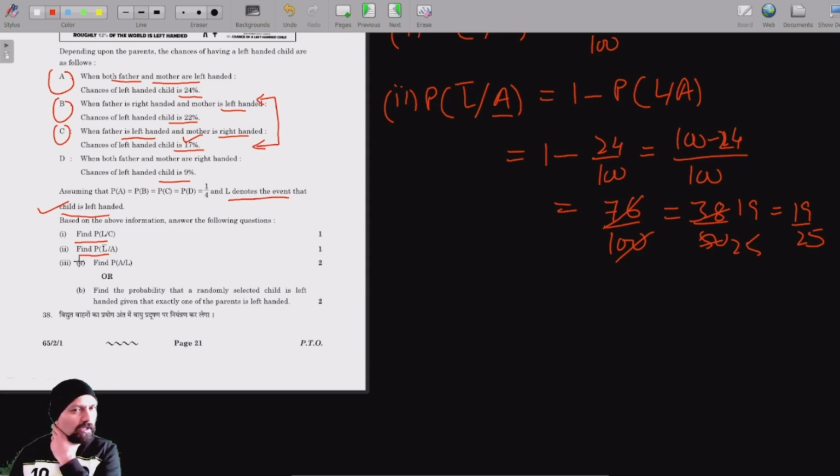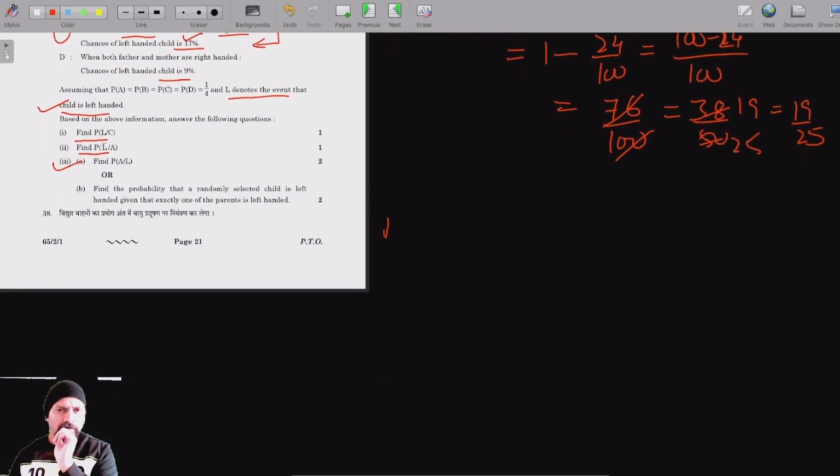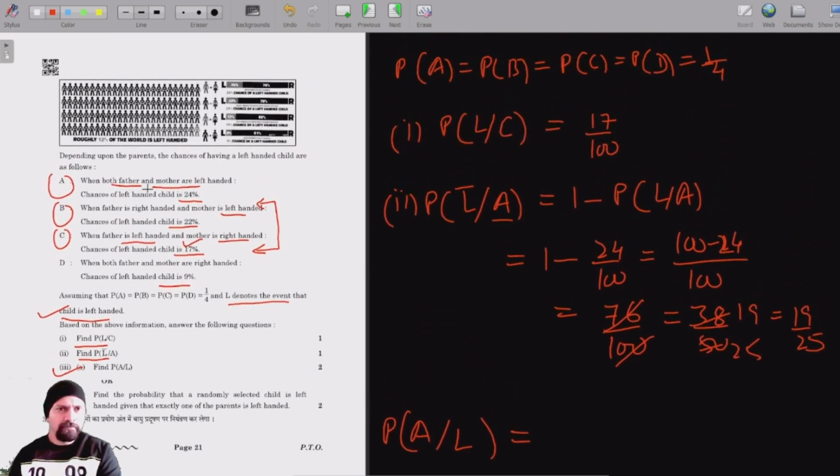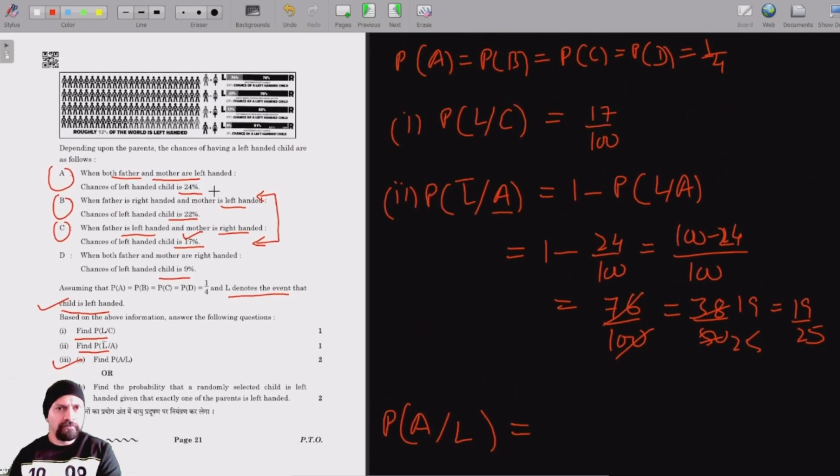Okay. And the third one, it says we have to find the probability that the left-handed child is selected, and we have to make sure that it's from the parents when both father and mother are left-handed.